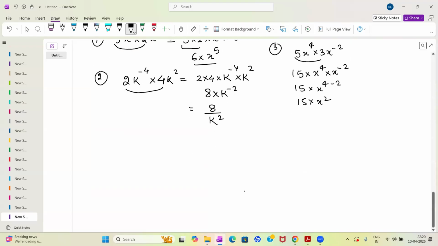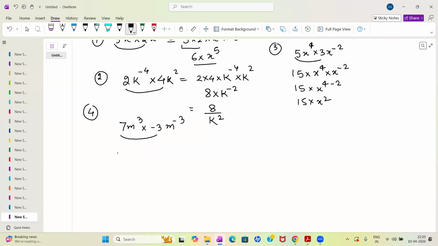Now question number 4. 7 m cube into minus 3 m to the power minus 3.